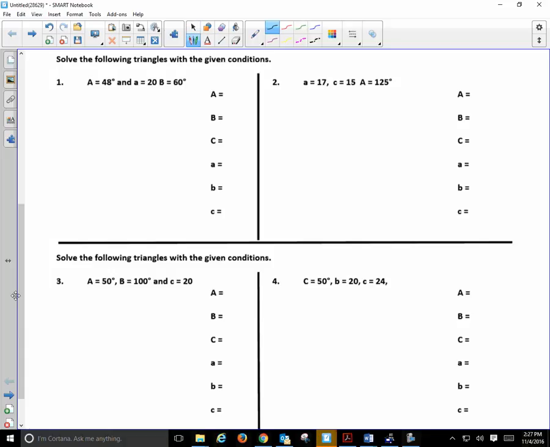Okay. I'm going to draw my triangle. A, B, and C. A is 17, C is 15, and A is 125 degrees. How many sides do I have in this situation? I have two sides, and I have one angle.